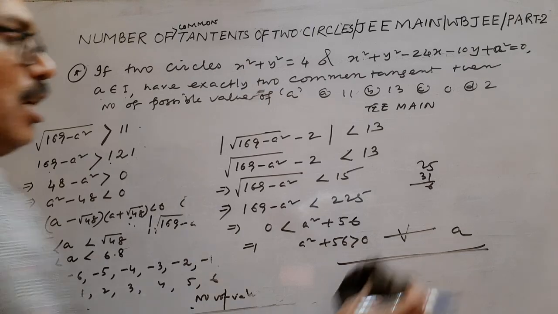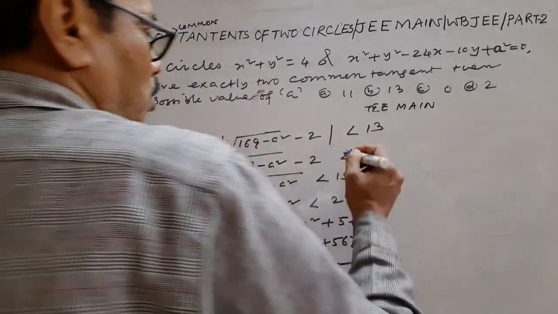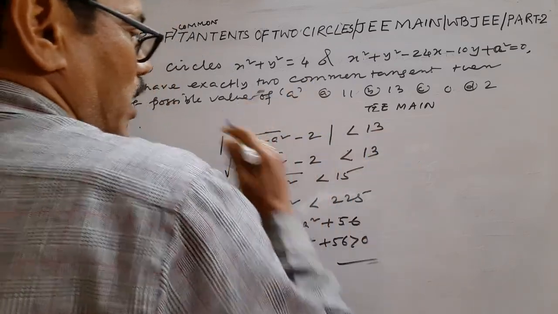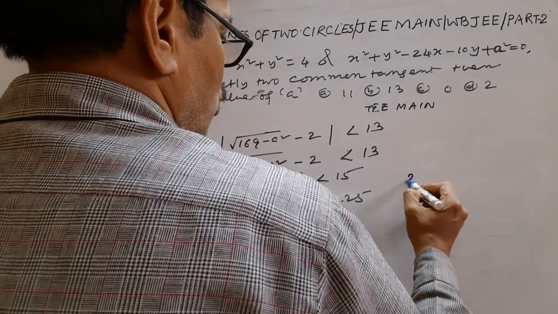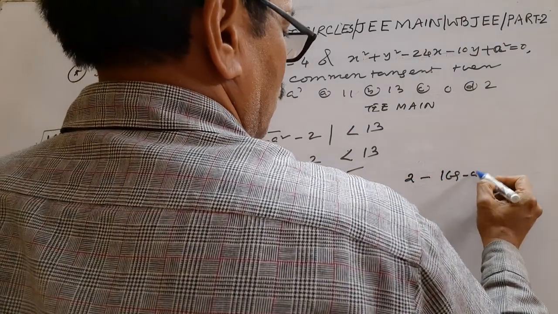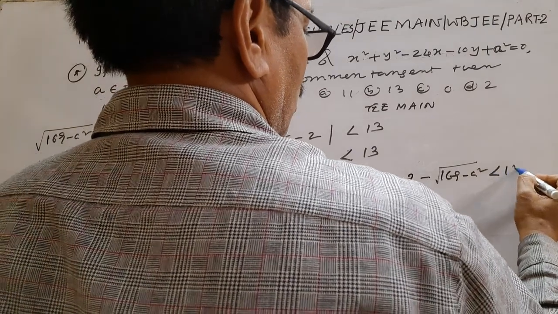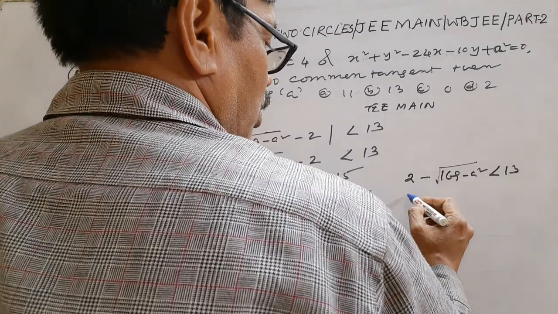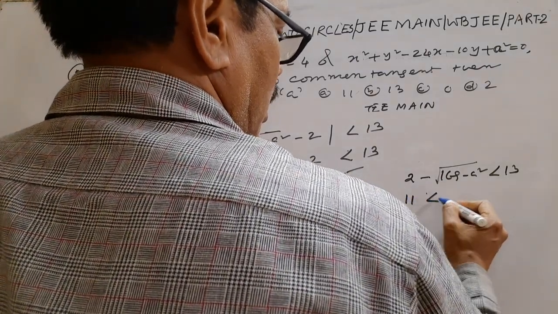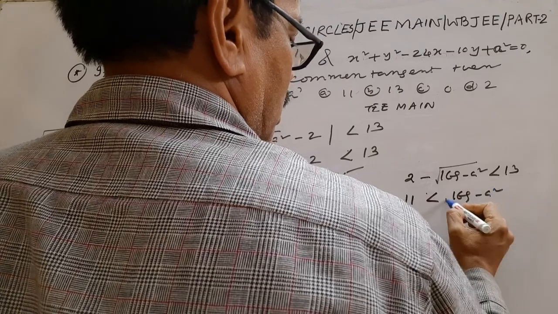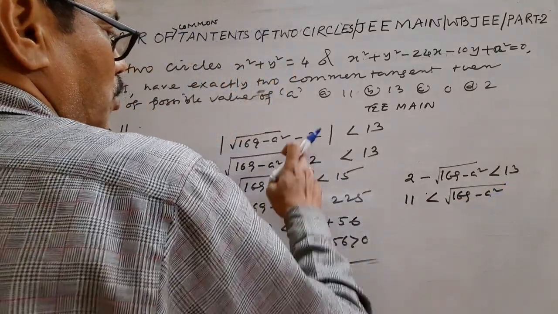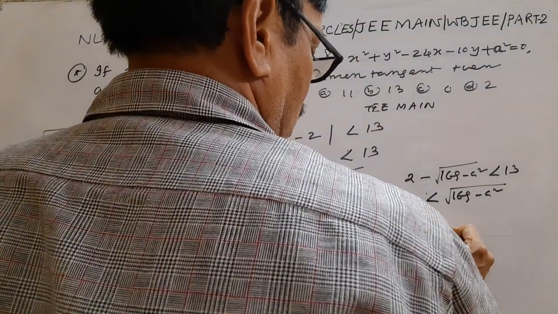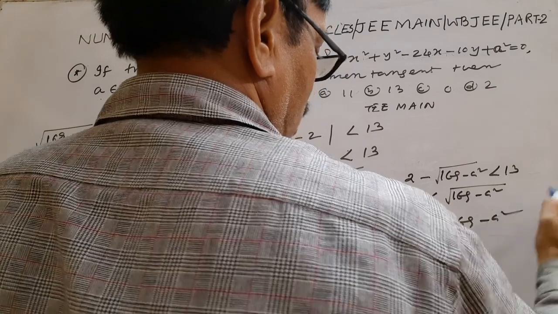Now if we take 2 minus root of 169 minus a square as positive, less than 13, so 11 less than root of 169 minus a square. So 121 less than 169 minus a square.